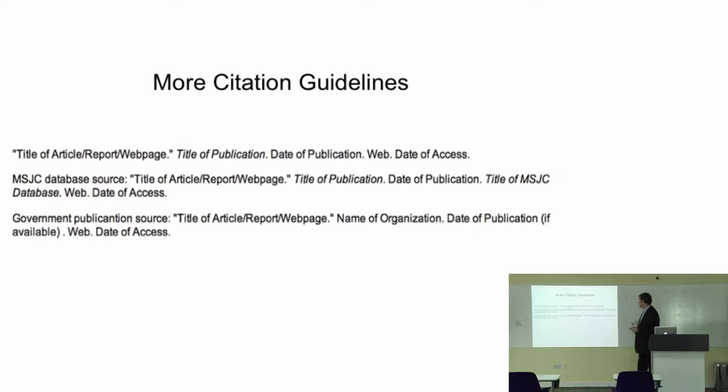We have a couple of other examples here. For instance, if you're using the MSJC database, you can still have the web page, title of publication, date of publication, but then you have the title of the database that you found it on.